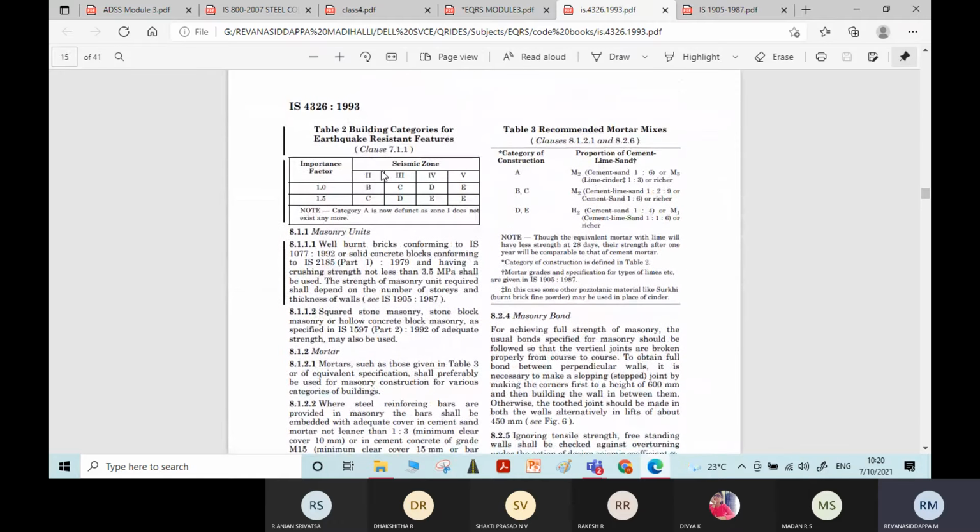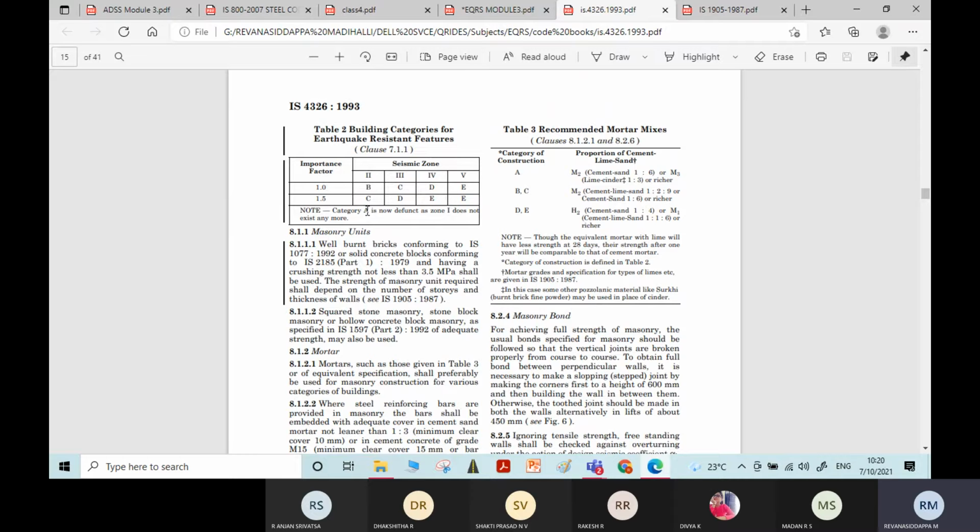If the zone of the building is 2 and the importance factor is 1, then the category falls under category B. If the zone is 4 and the importance factor is 1.5, the building will fall under category E. Earlier zone 1 was there, and with respect to zone 1 we used to define category A. Now zone 1 is removed. The starting zone we consider is zone 2 only.